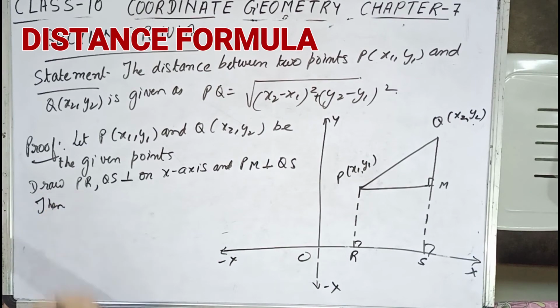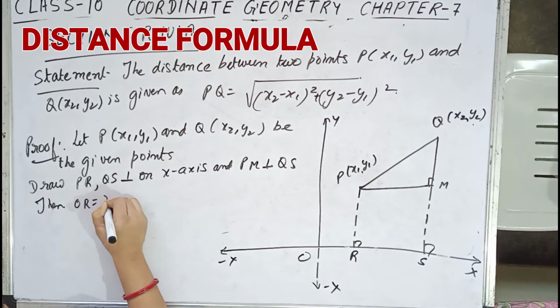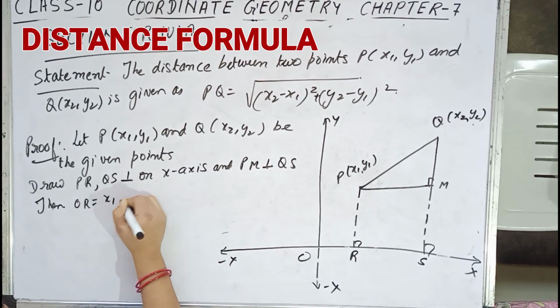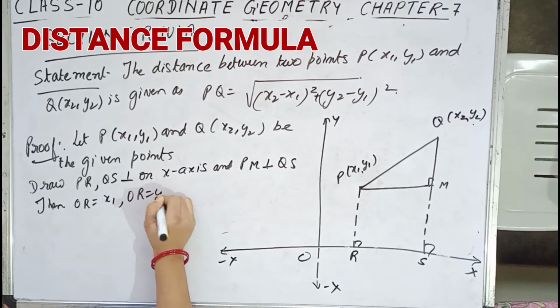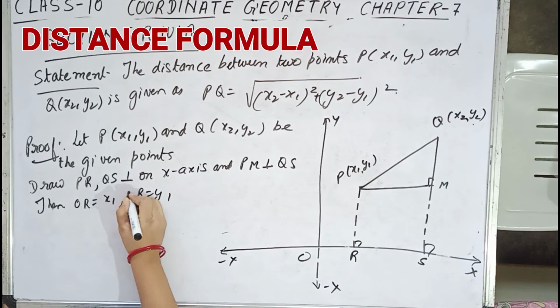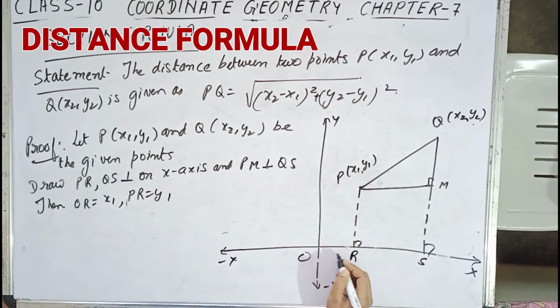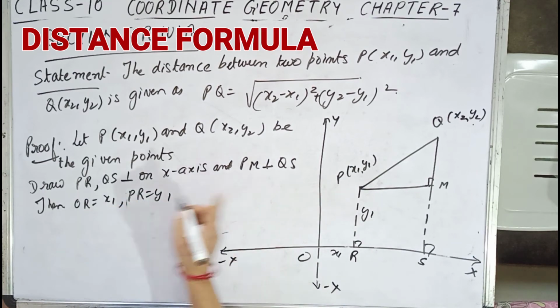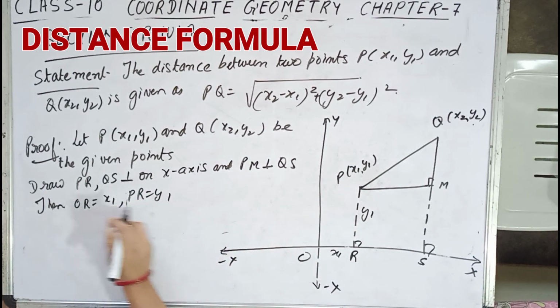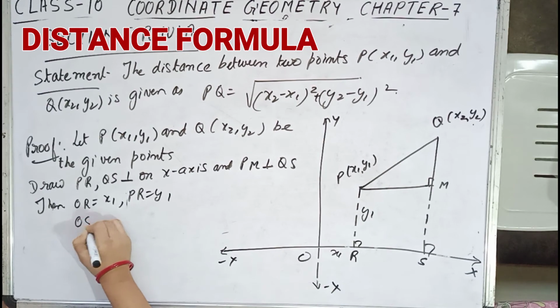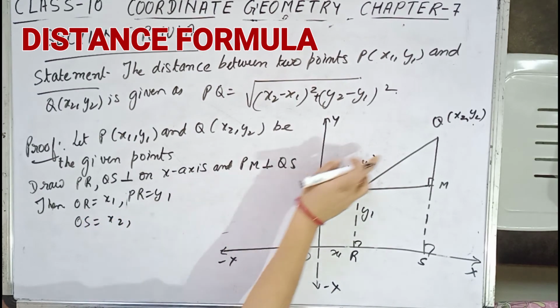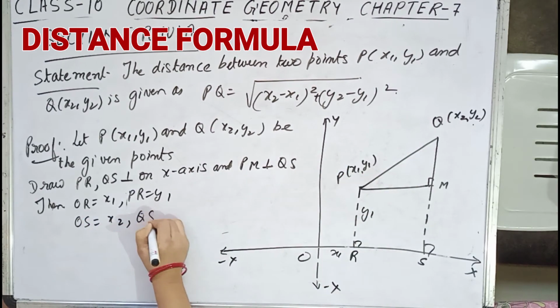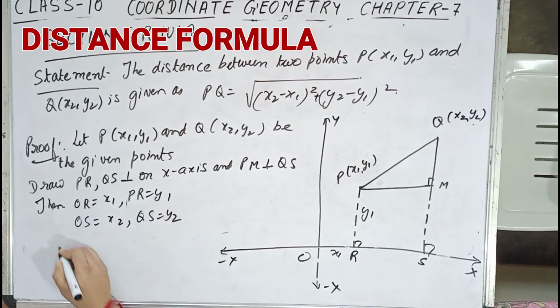Then OR equals x1 and PR equals y1. Over here for this coordinate, this one is x1 and this one is y1. Now for the coordinate Q, OS equals x2 and QS equals y2.